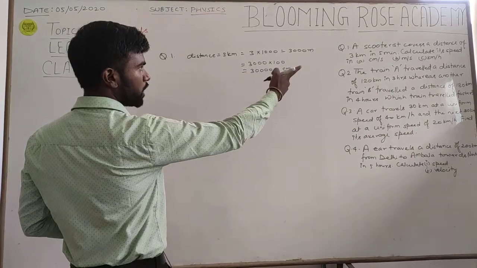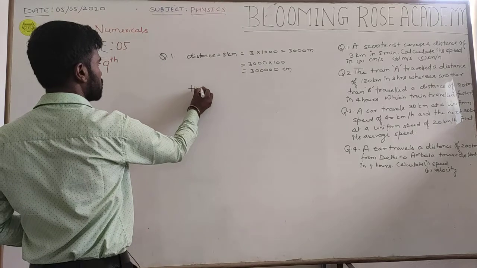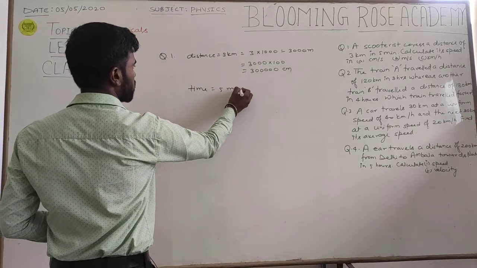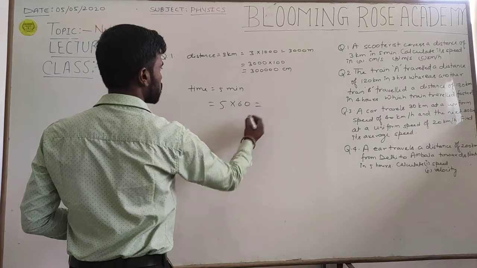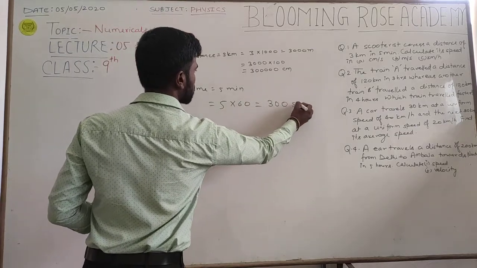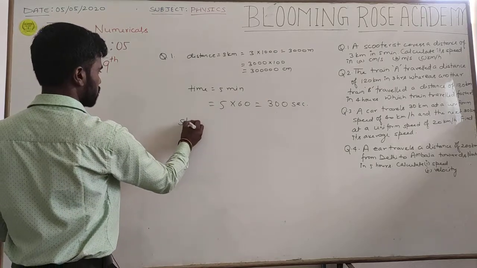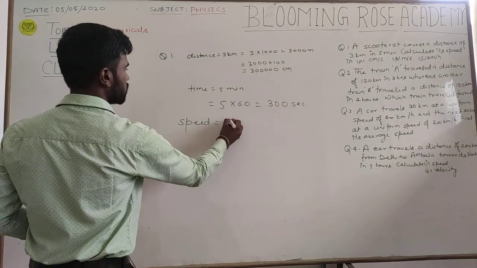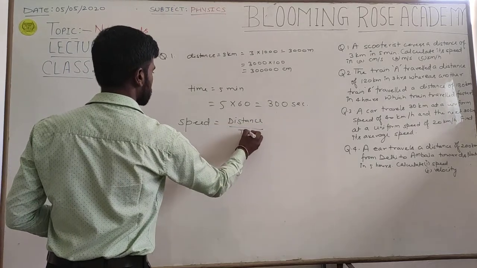Now we have time in minutes. Time is equal to 5 minutes. Now 5 into 60 equals 300 seconds. Now speed is equal to distance upon time.